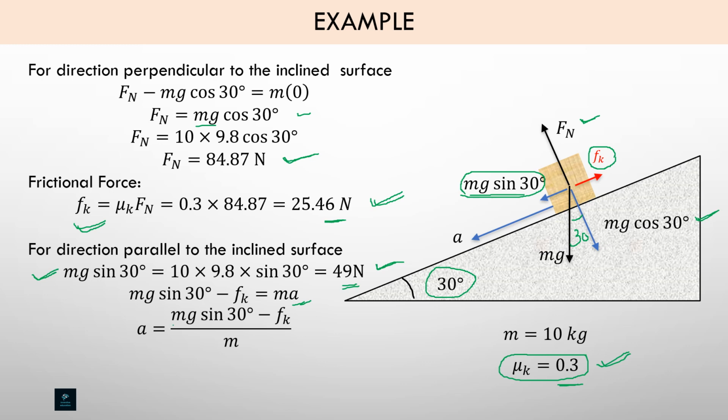Now we can put the values of mg sin 30, Fk and m to obtain a as 49 minus 25.46 divided by 10, and this comes out to be 2.35 meters per second squared. So this block slides down the inclined surface with an acceleration whose value is 2.35 meters per second squared.